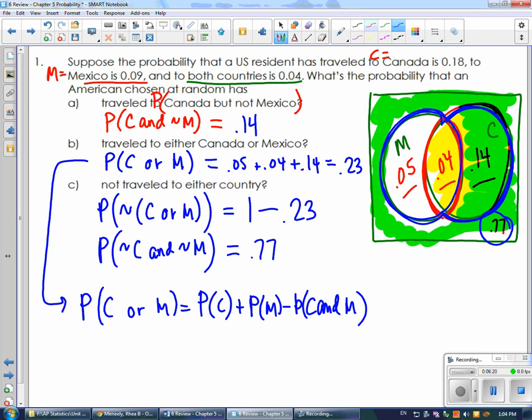The probability of visiting Canada we were given as 18%. The probability of visiting Mexico we were given as 9%, and the probability of both we were told is 4%. So if you want to use the rule, that's fine, but don't combine it with the Venn diagram. And if you do this, you'll again get 23%.